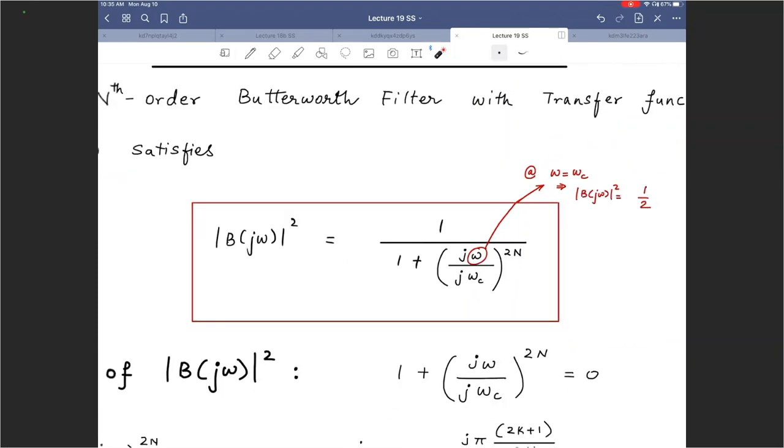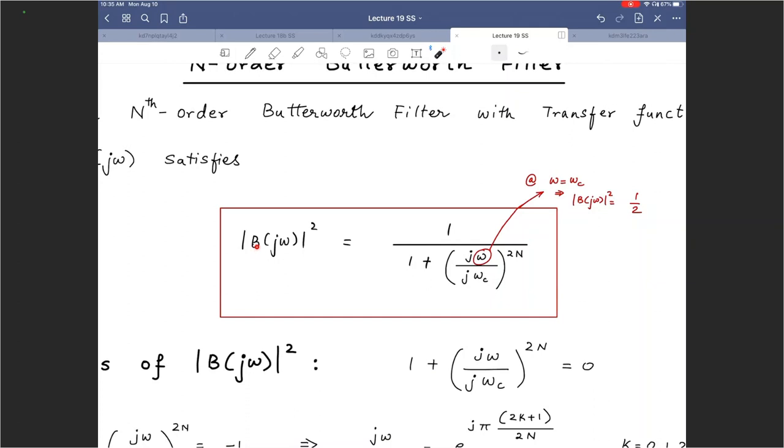So the magnitude squared of B of j omega, where B of j omega is the frequency response of the nth order Butterworth filter, is 1 divided by 1 plus j omega divided by j omega c, raised to the power 2n. Omega is your frequency variable, omega c is your low pass filter cutoff frequency, and capital N is the order of the filter.